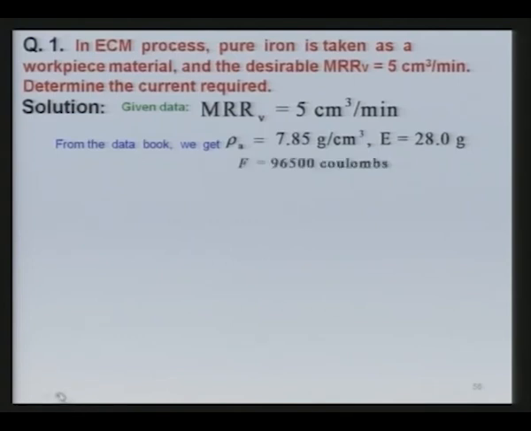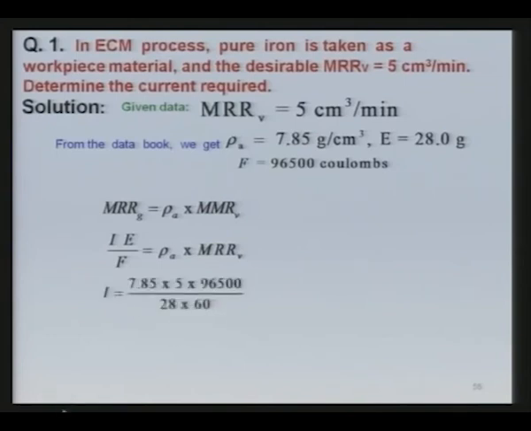We already know Faraday's constant is 96,500 coulombs. We also know this equation, with the help of which we can calculate the material removal rate in terms of gram per second, and this is given by rho A multiplied by MRRV, where MRRV is the volumetric material removal rate. So, we can write it like this: I E over F is equal to rho A multiplied by MRRV.